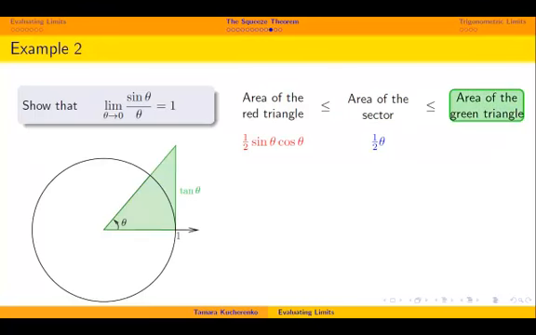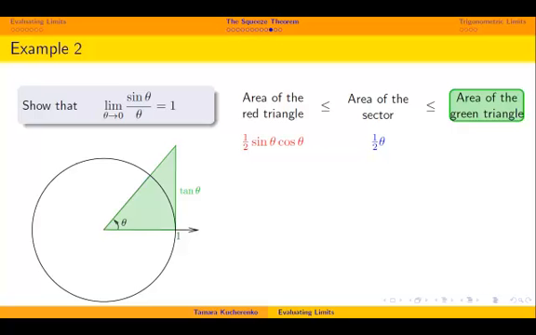The green triangle again has the right angle, so its area is a half of the product of its sides. The side adjacent to theta has length 1, because the radius of the circle is 1. The length of the opposite side is tangent theta.